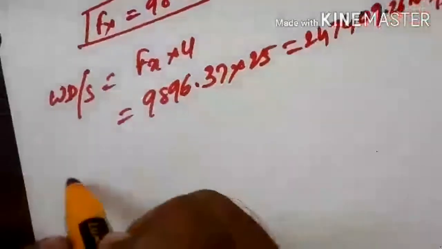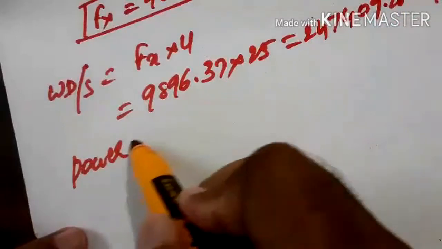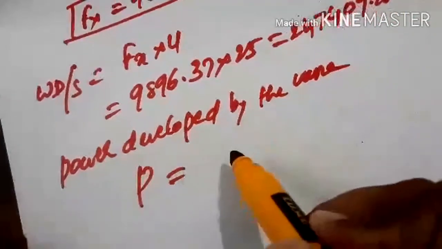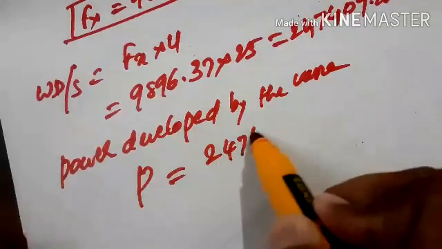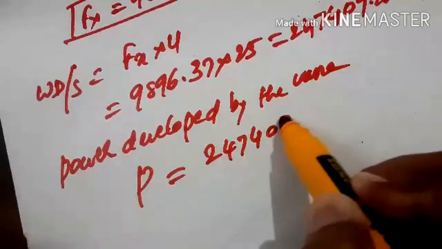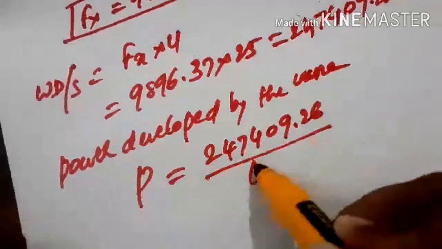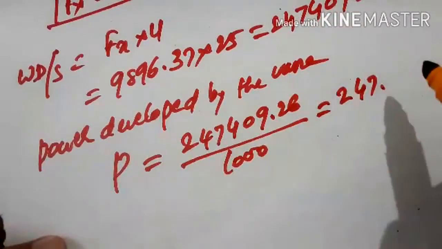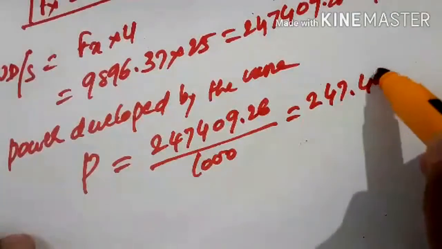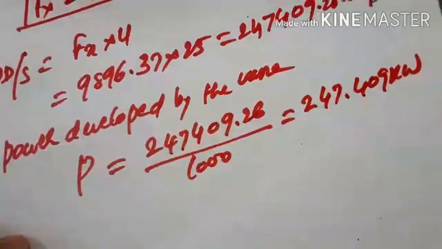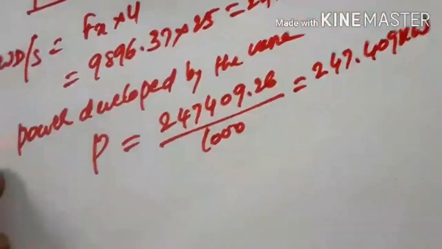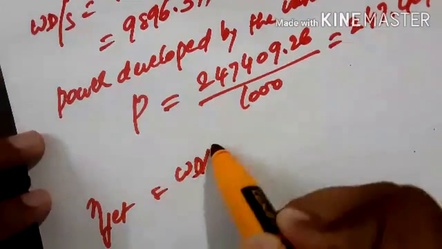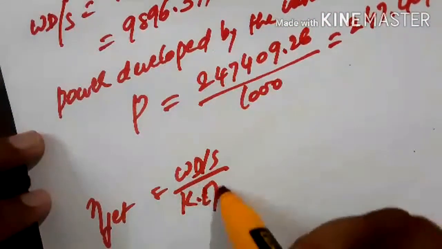Then the power developed by the vane will be 247409.26 divided by 1000, which is 247.409 kilowatt.